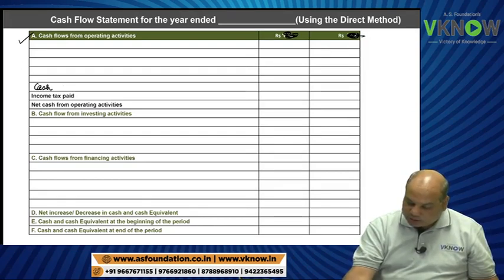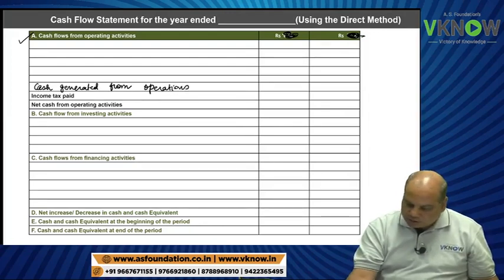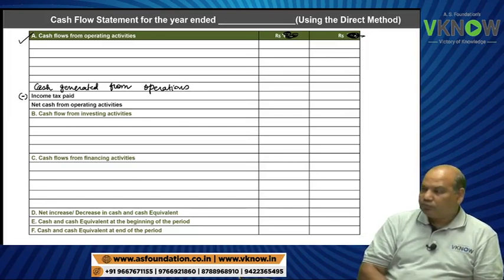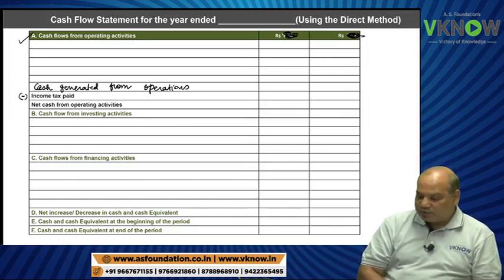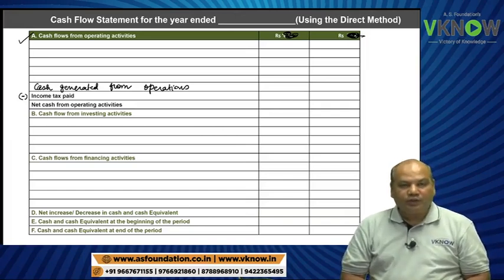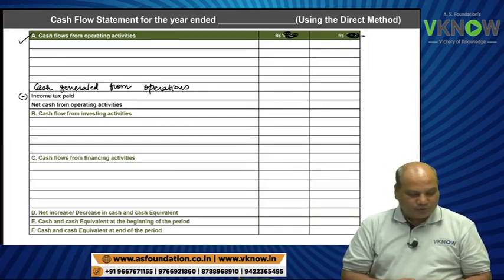Then write down cash generated from operations, less taxes paid. Therefore, net cash flow from operating activities.